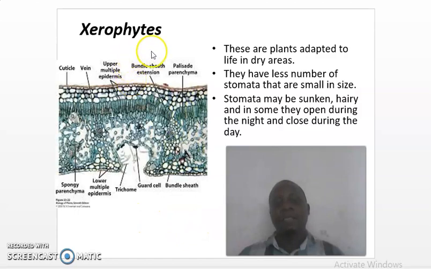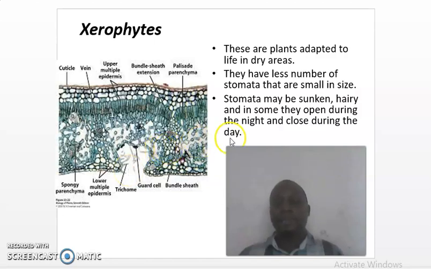Remember, these plants grow in dry areas, hence conservation of water is very important. Also, we can see some hairs near the stomata. These trap still air, prevent air from moving, hence preventing transpiration from taking place. Is it clear?